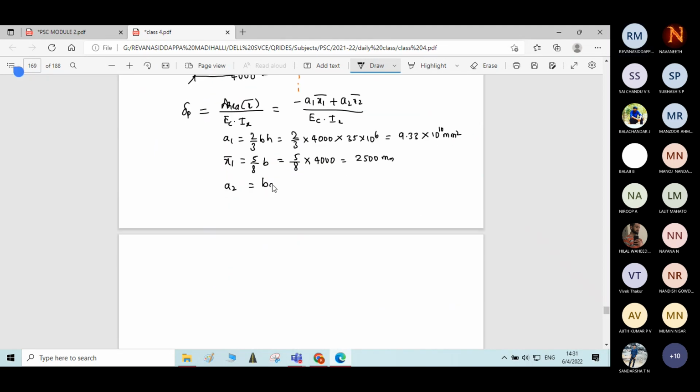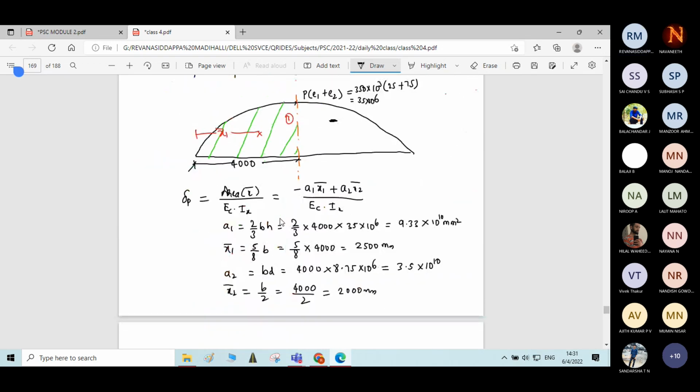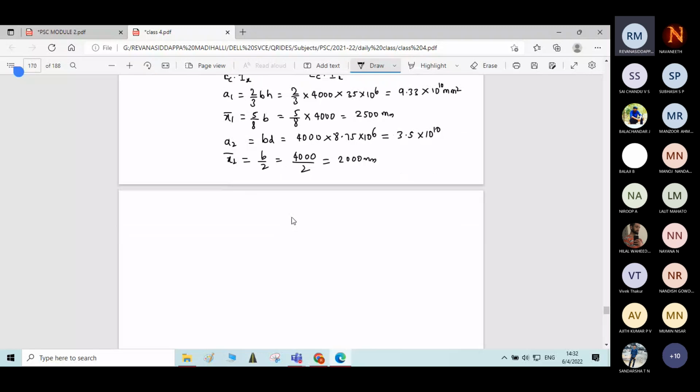B into D, 4,000 into 8.75 into 10 power 6. You'll get the answer as 3.5 into 10 power 10. All of you check the answer. X2 bar will be B by 2, 4,000 divided by 2. You'll get the answer as 2,000, half of the base width. Correct? 2,000 mm.